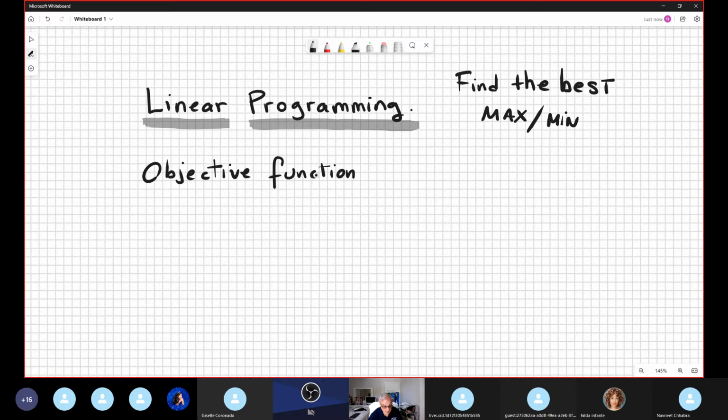The objective function, when it's linear, is degree 1, so the exponent is 1. It's a function that you need to optimize, so you need to minimize or maximize. Now, how do you know?